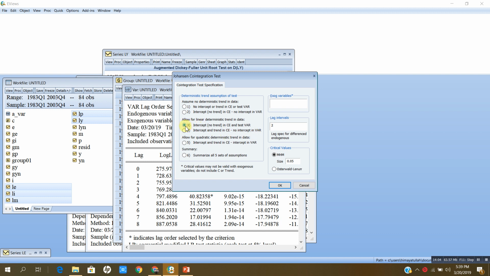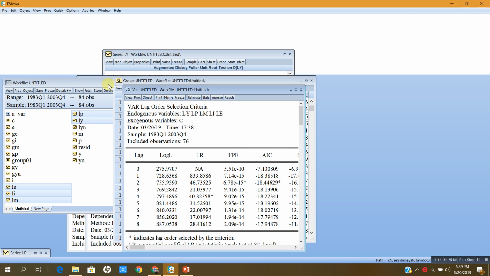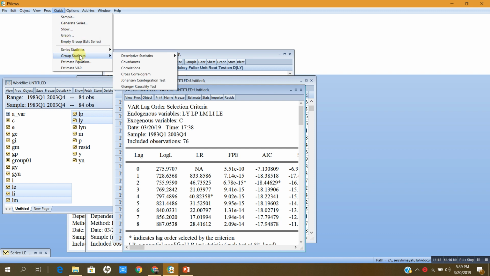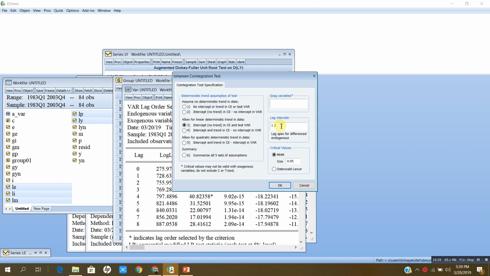Press OK. Now just a minute, group statistics, Johansen cointegration tests, and yes, I will keep this 2 as my lag, because I use Akaike information criteria and one other, so I just use 2 lags. So press OK.